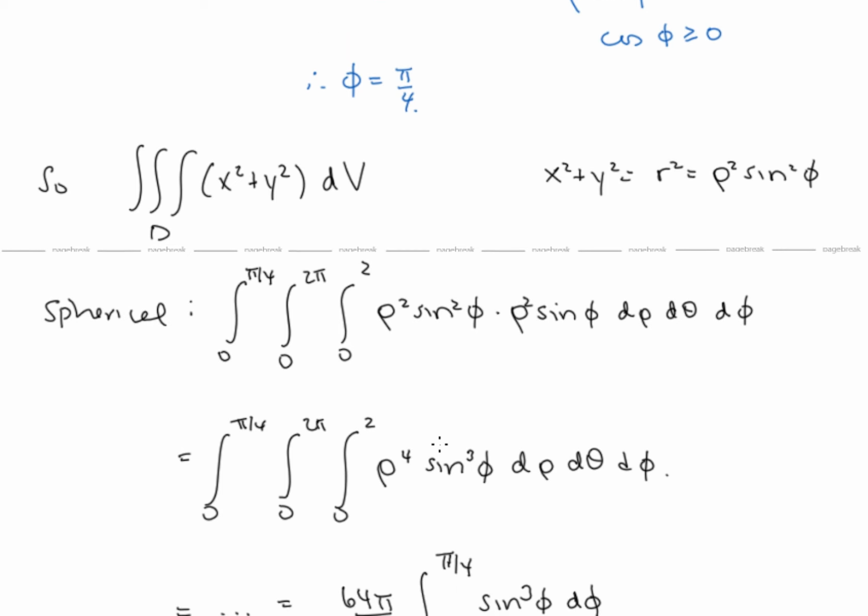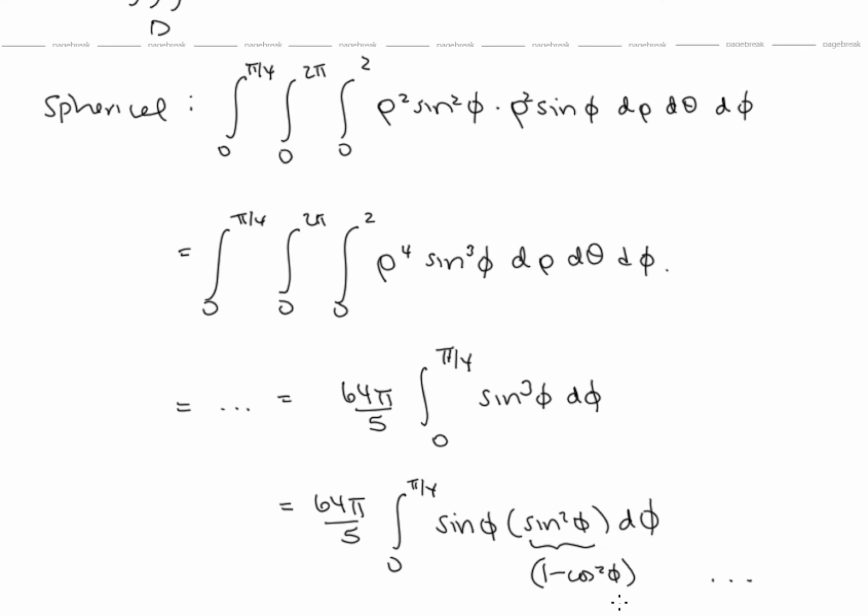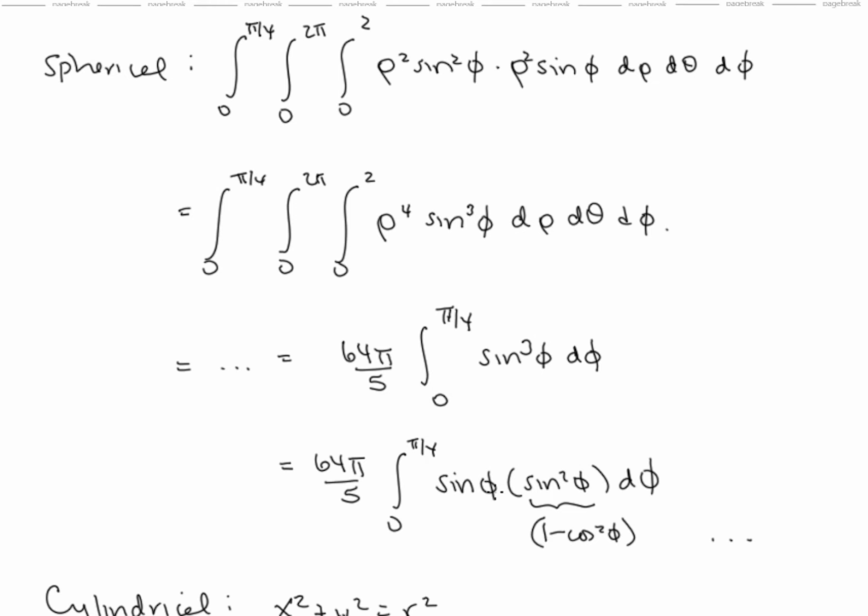And when you carry through this integration, you're going to get the integral of sine to the third phi d phi. Now going back to Calc 2, we remember that we have to separate this into sine phi, sine squared phi, replace the sine squared phi with 1 minus cosine squared phi, then distribute the sine, and then continue to integrate.